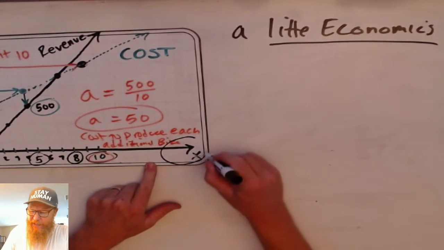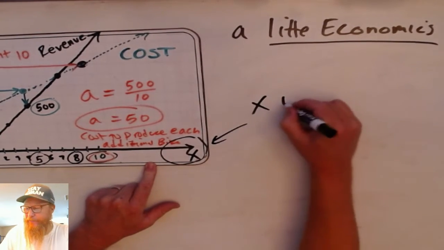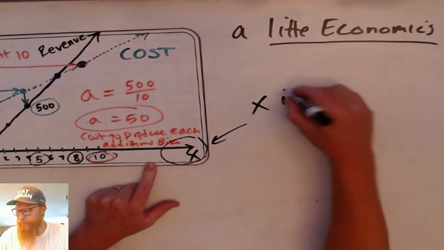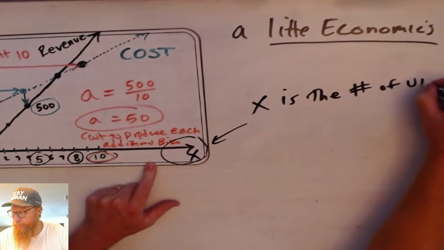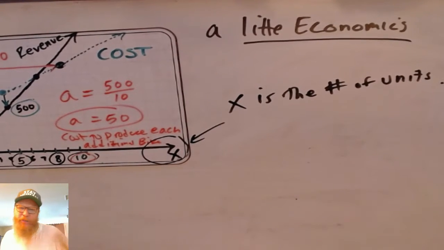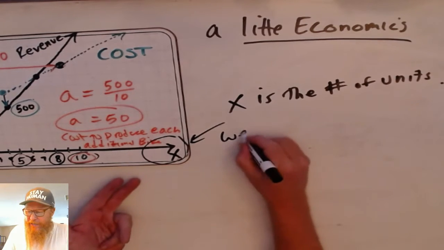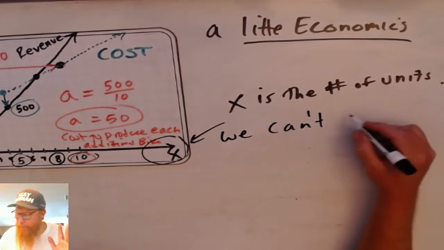And that's that we assume, so X is the number of units, or skateboards or widgets or whatever it is, bicycles, refrigerators, televisions, it really doesn't matter. And we assume this goes to infinity. But that's a bad assumption.